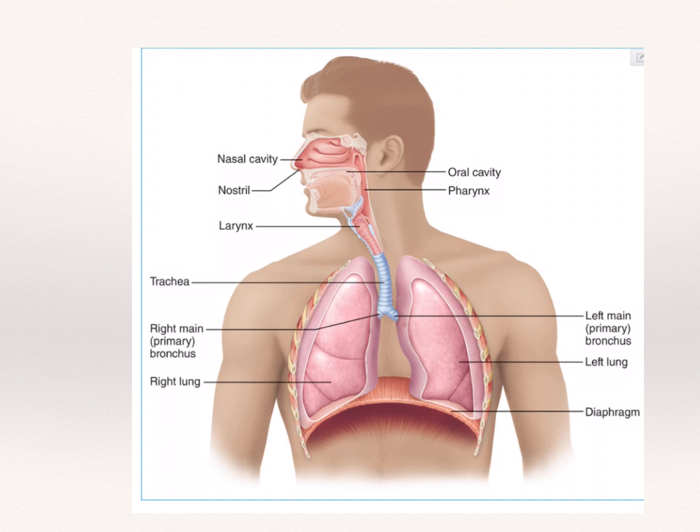Air then moves down into the larynx, which houses your voice box, down to the trachea, which is also known as your windpipe, into the bronchi of the lungs, left and right, the primary bronchus leading to the left and right lungs. The diaphragm is the muscular organ that will help you inflate or deflate your lungs. And so we will go through these organs.